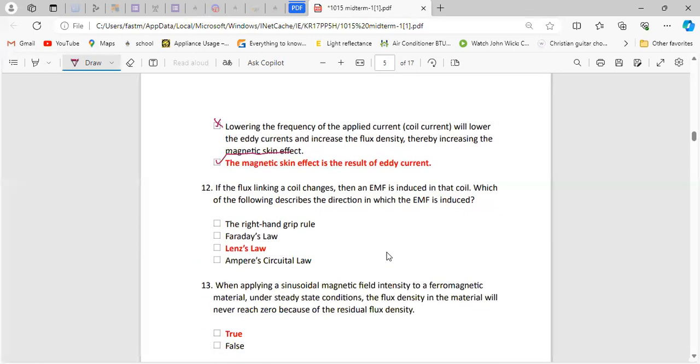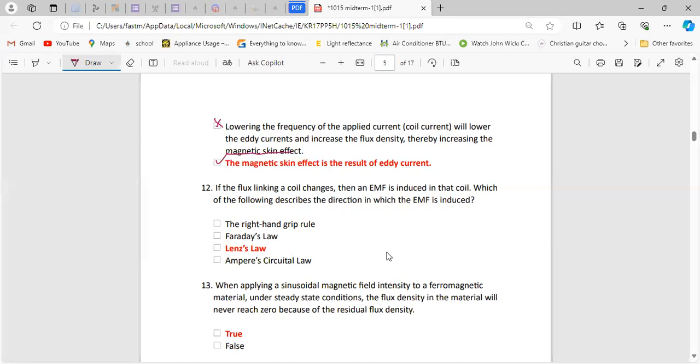All right, question 12. The flux linkage in a coil changes, then an EMF is induced in the coil. Which of the following is the direction? So Faraday's law says if you have a change of magnetic field cutting a coil, you have an EMF being generated. Lenz's law says that the direction of the induced EMF will be such that it opposes the change that causes it. So they work hand in hand. Faraday's law tells you something is going to be induced. Lenz's law tells you what direction it will be induced.